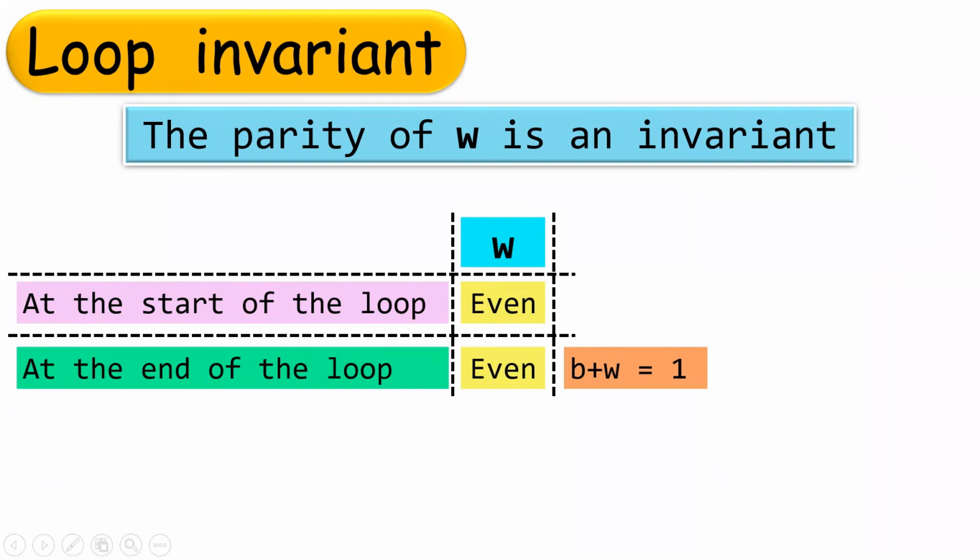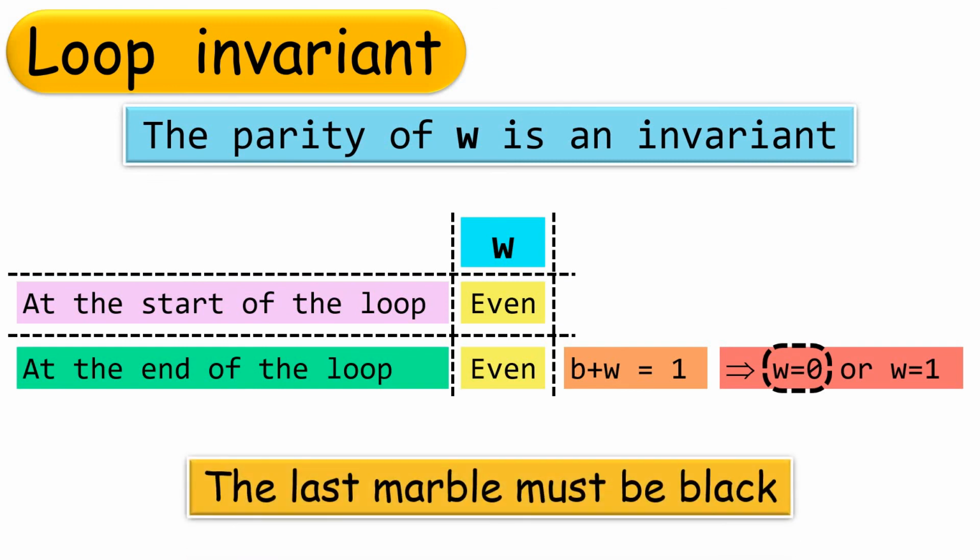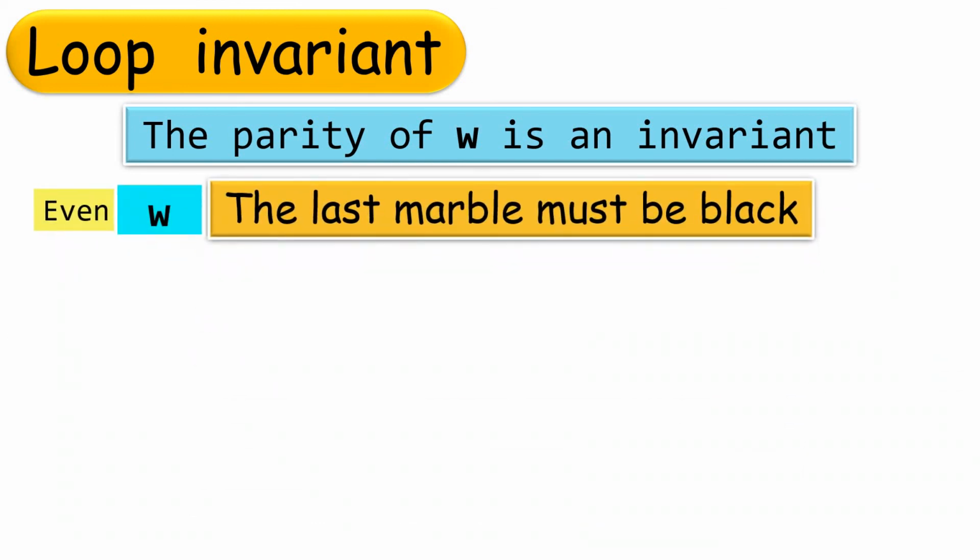This implies either W is 0 or W is 1. Since W is even, W cannot be 1, so W has to be 0. From this, we can conclude that the last marble must be black. So, if there are even number of white marbles in the jar, the last marble must be black.